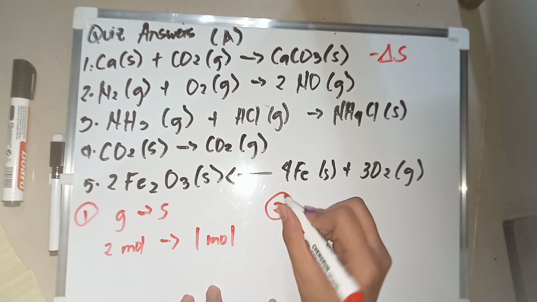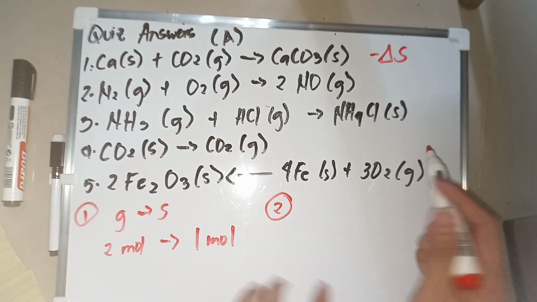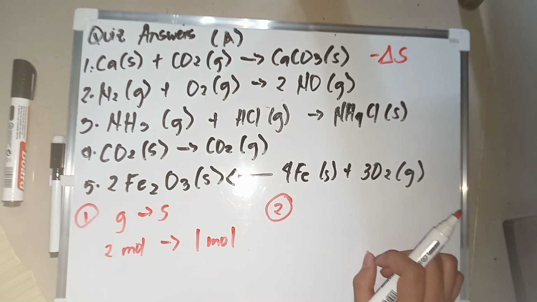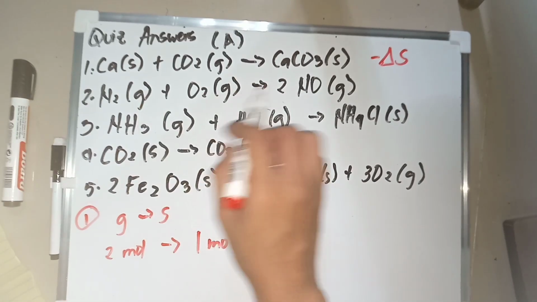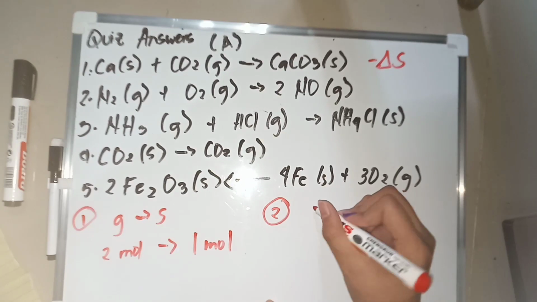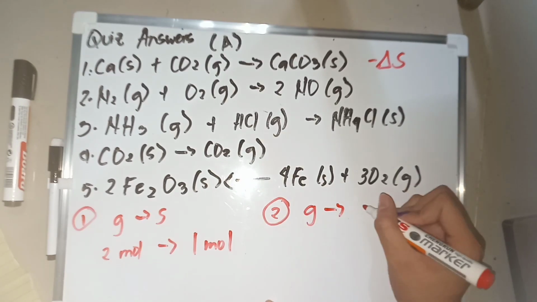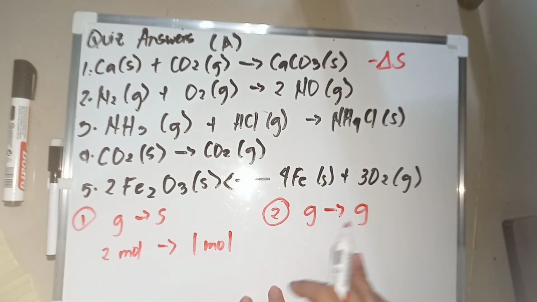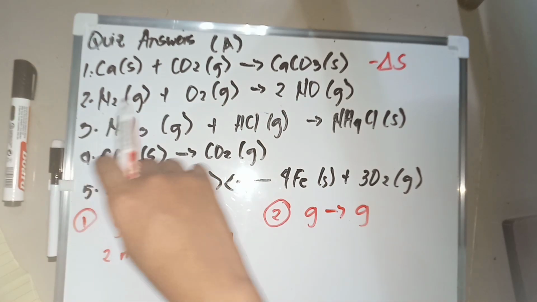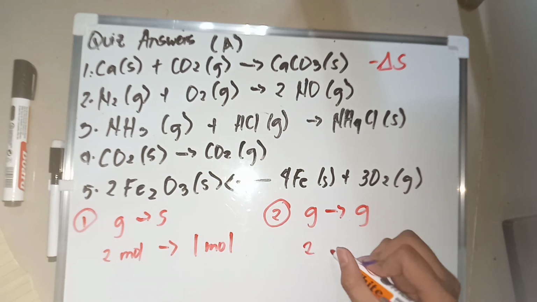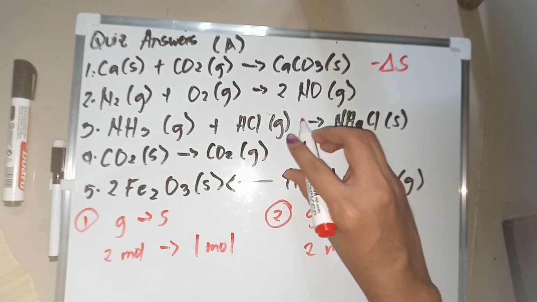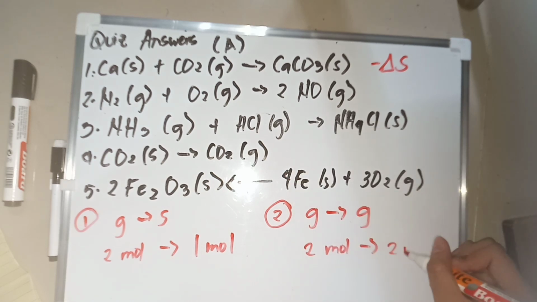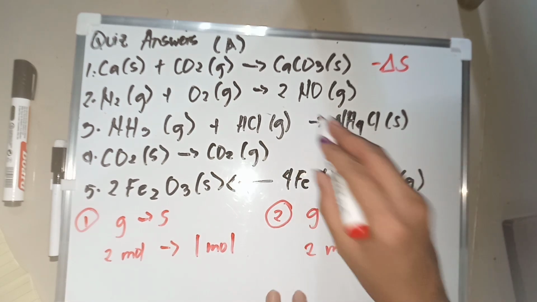Number two, again, the phase of the chemical first. So from gas we go to gas. So same, and the number of molecules. We have two molecules for our reactant, and two molecules for our product.